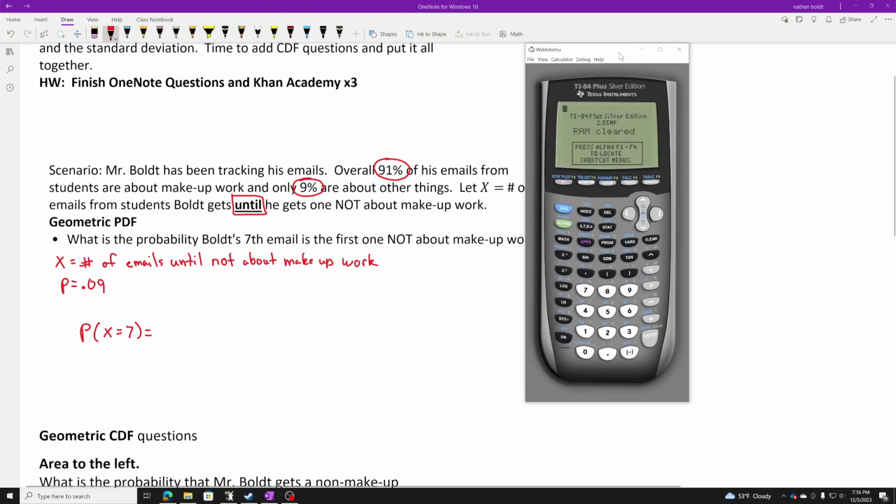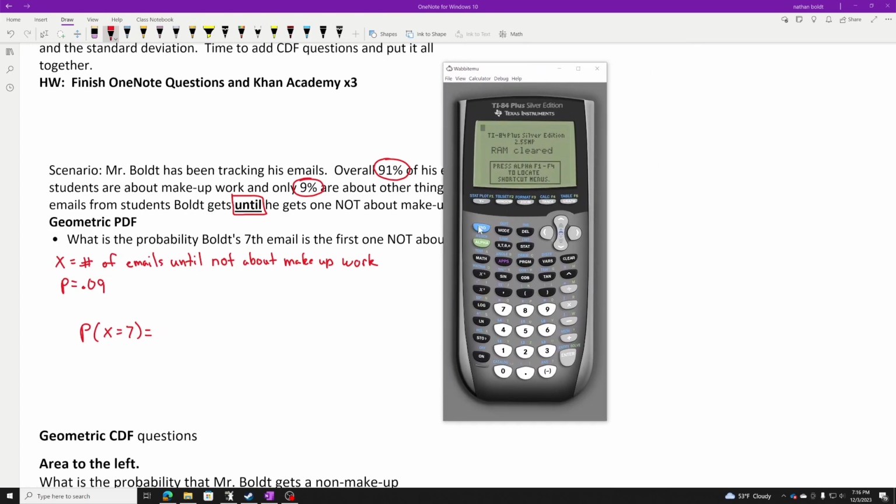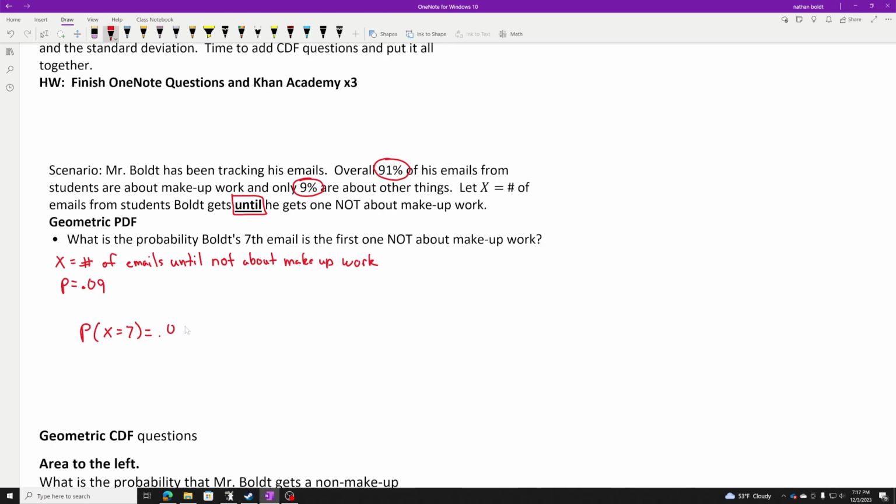So grab your calculator, go second distribution, go all the way down to geometric PDF. My p-value is 0.09, and my x value in this case is 7. So that is a 5.1% chance, 0.051, or a 5% chance. So that is your geometric PDF.